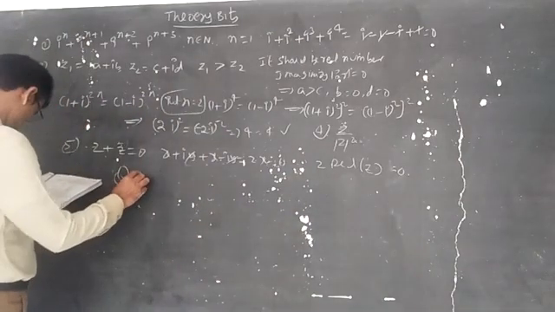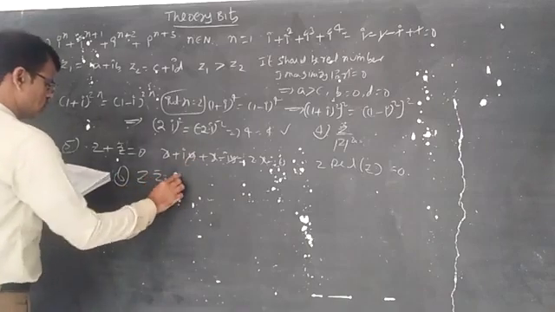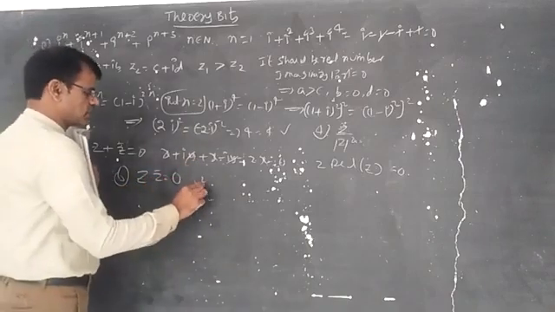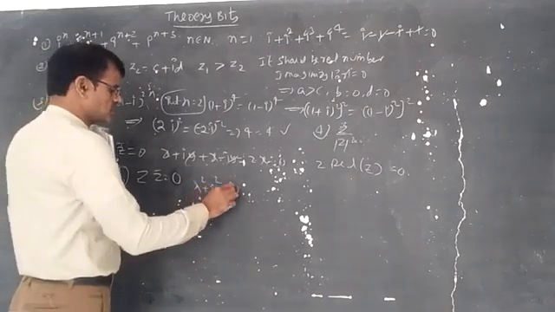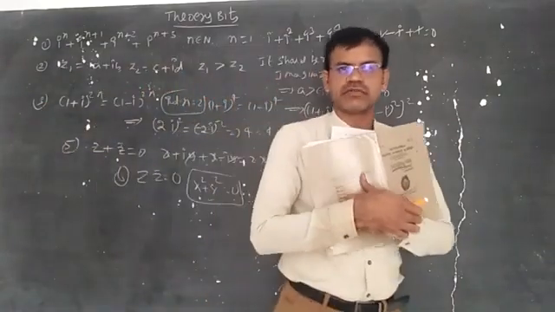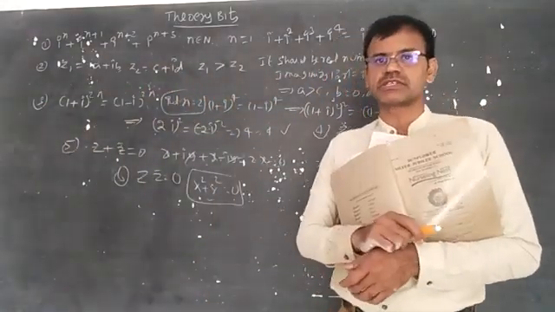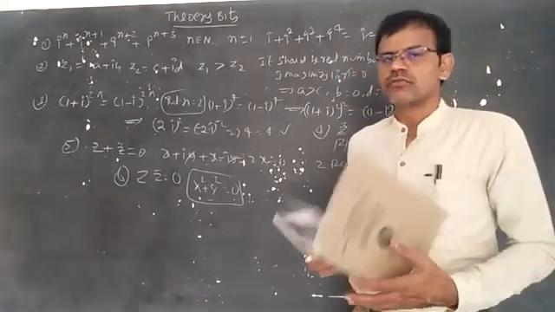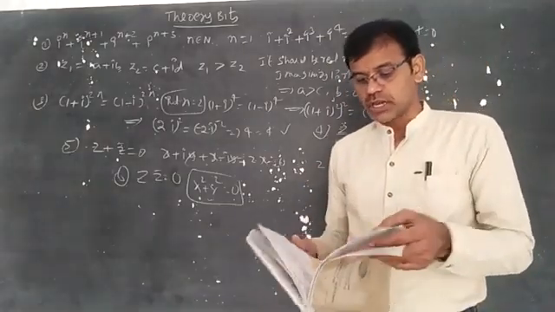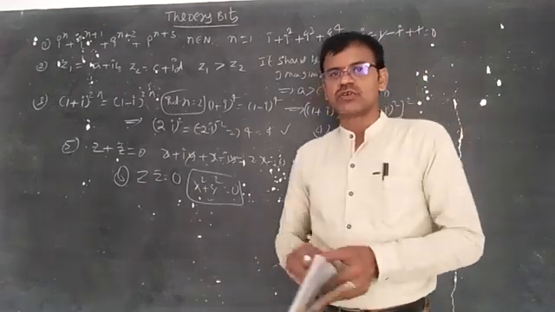Sixth question: z into z bar equal to 0. You can understand that it means x square plus y square is equal to 0. Z is equal to x plus iy, z bar is equal to x minus iy. If you multiply x plus iy into x minus iy, you will get x square plus y square equal to 0. We know that a square is greater than or equal to 0. Here there is no question of greater than 0.